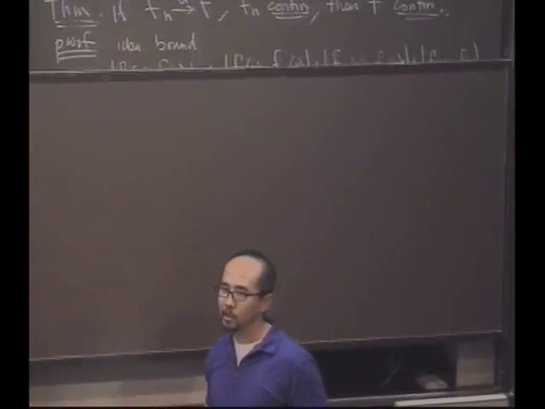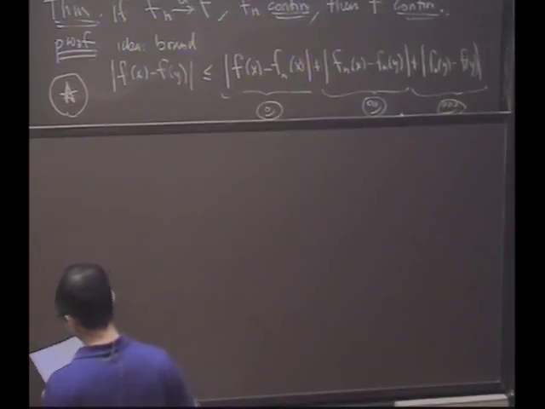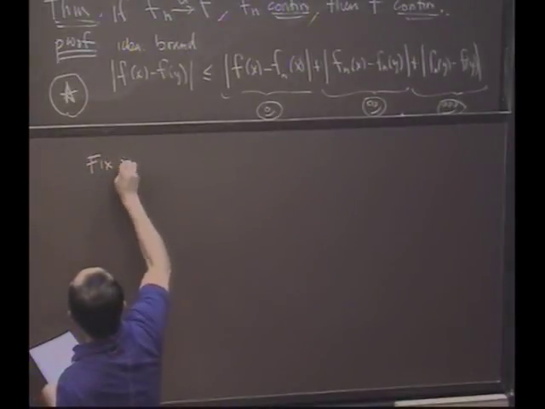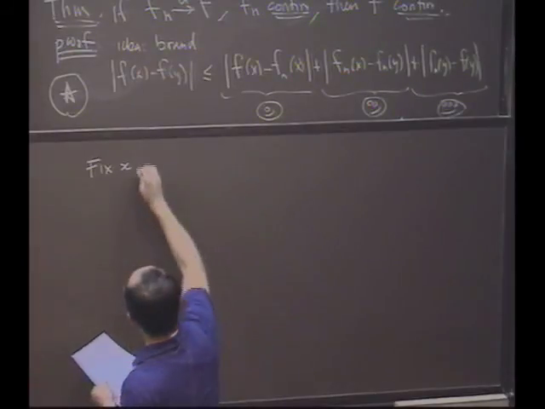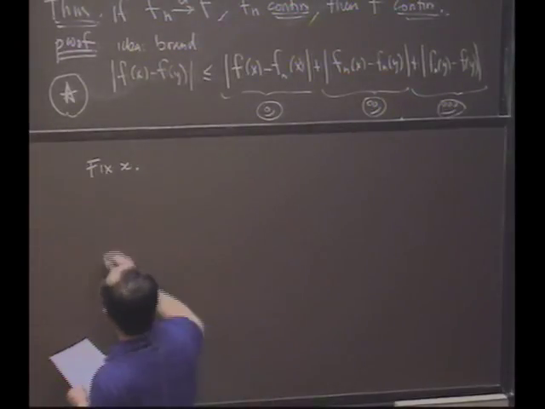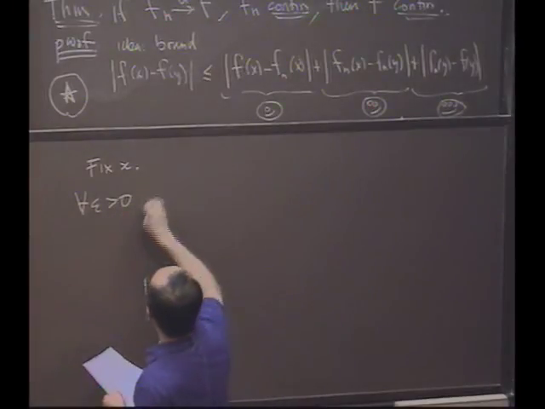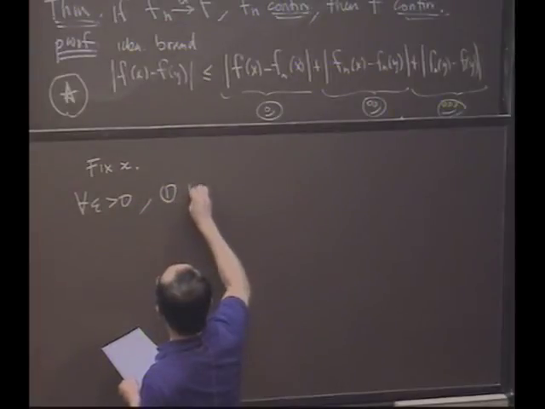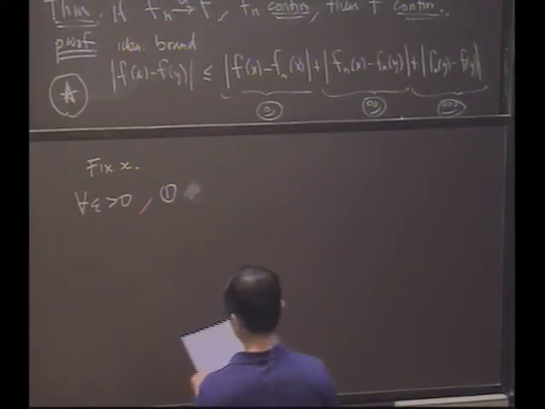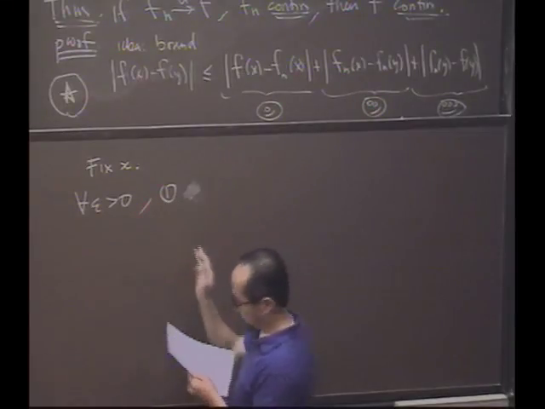Okay, we can do this. We just got to make our choices carefully. So let's fix x, the one we're talking about. So we'll show continuity at x. Now, for all epsilon bigger than 0, by 1, we'll choose, what's 1? Oh, this is the steps of the proof.